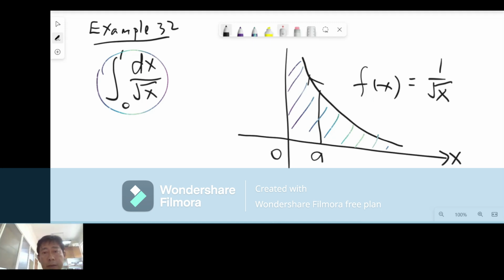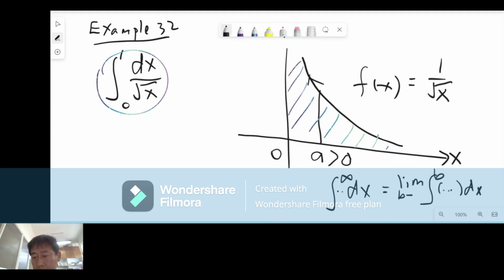The replacement of the lower limit 0 by a finite value a that is not 0 but larger than 0 is similar in spirit to the case of the improper integral that involves x taken to infinity. In the case of the improper integral of the first kind, we calculate the integration of the function at, say, infinity. In that case, we replace the infinite upper limit by a finite value b.